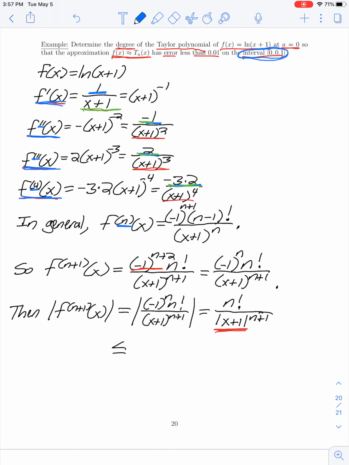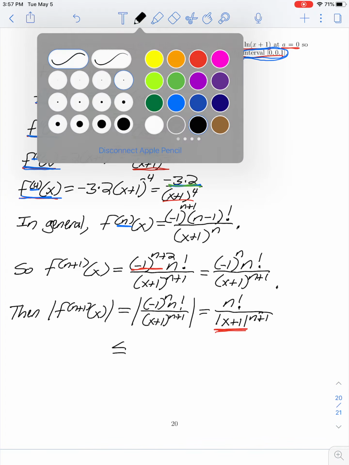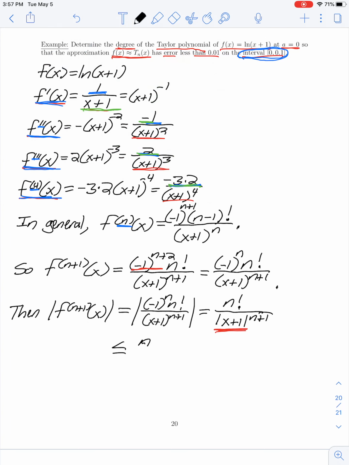Here, our interval was from 0 to 0.1, so the smallest value of x would correspond to 0. So we would have, for our denominator, 1 to the n plus 1 power, which is just 1. So that leaves us with n factorial for the value of m.